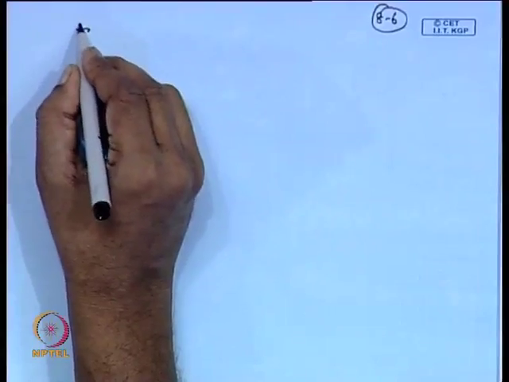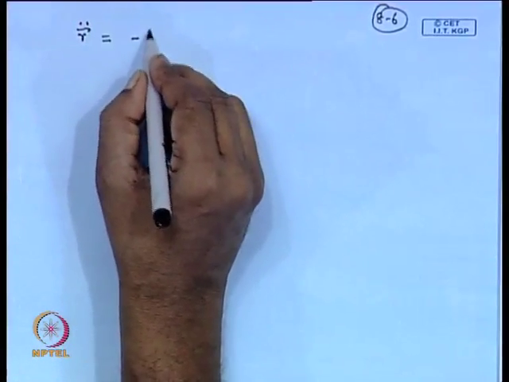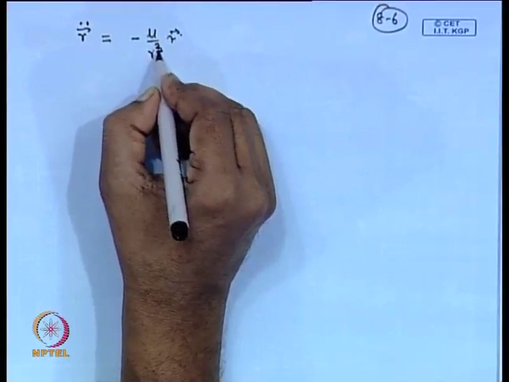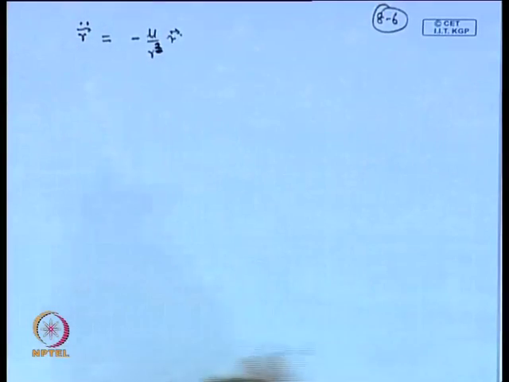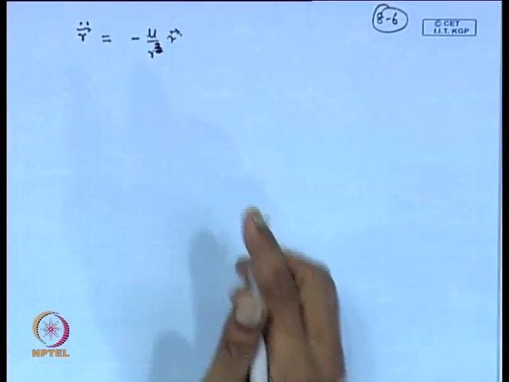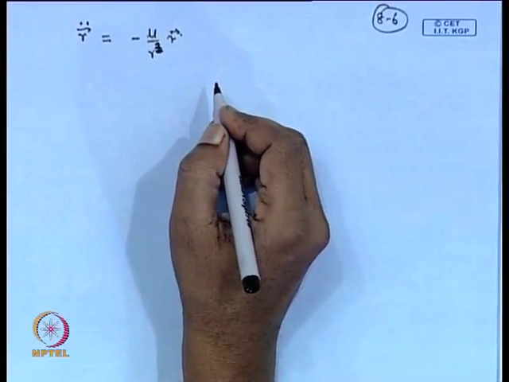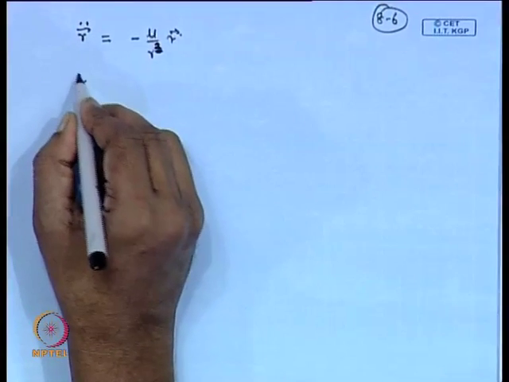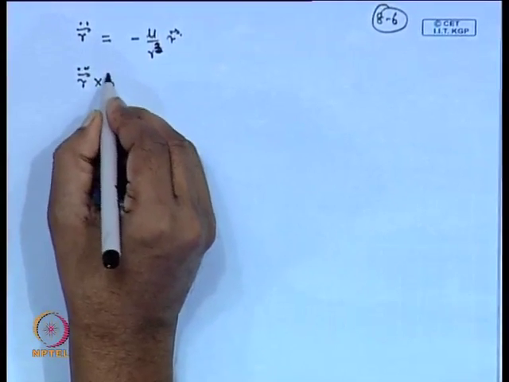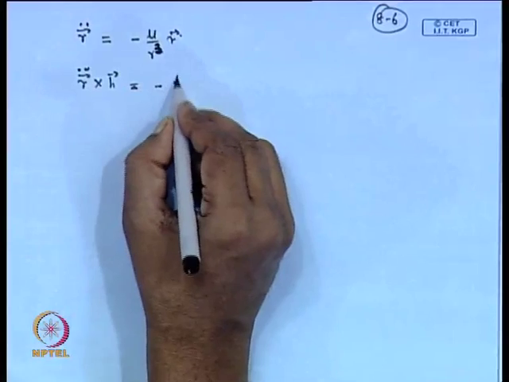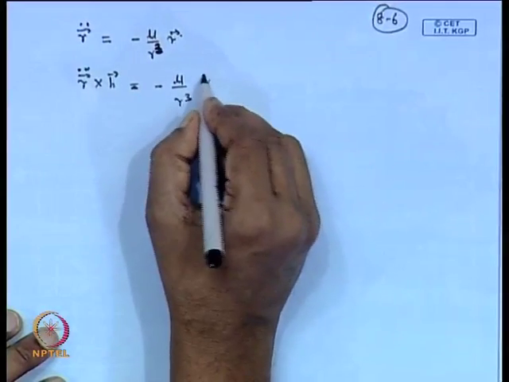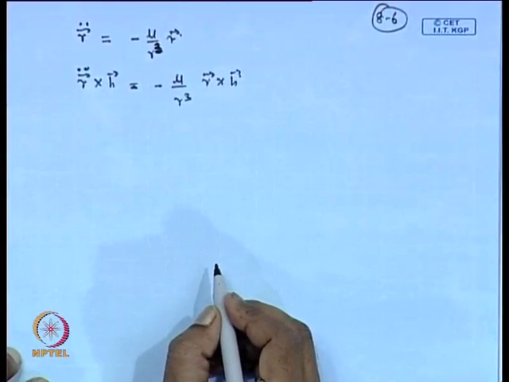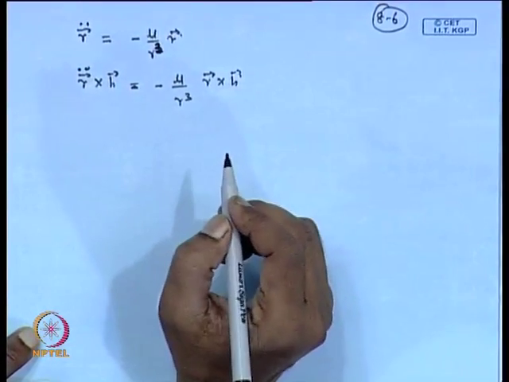So, we already know r double dot is equal to minus mu by r cube times r. Now, if we take the cross product on both sides with the h vector, we get this equation.